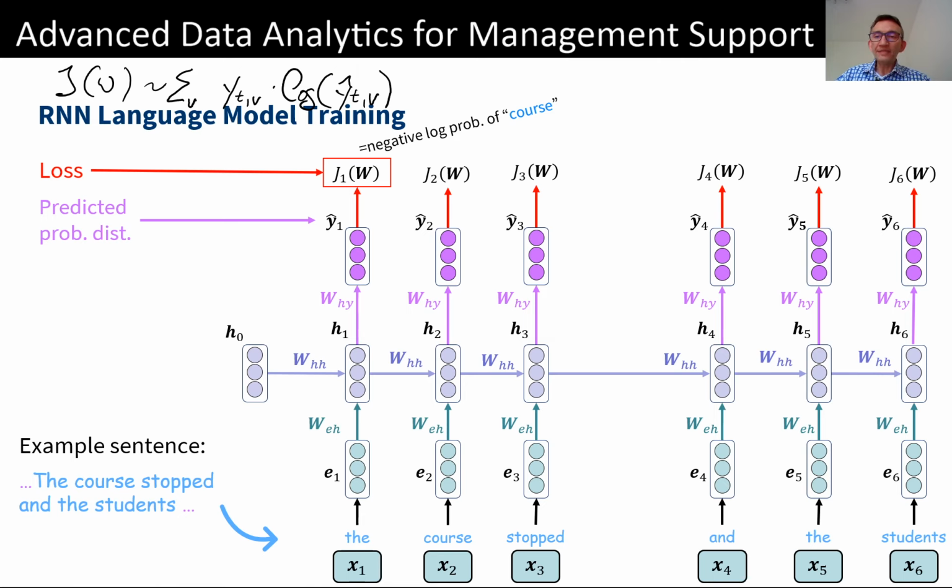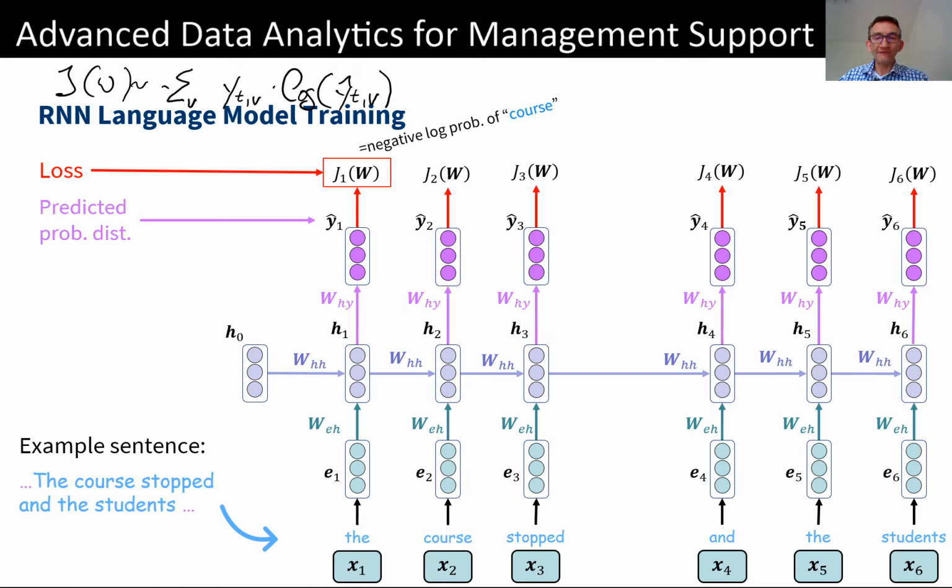But the target y_t,v, remember, is one-hot encoded, so this is 0 for all but one element, and therefore, as I was saying, essentially it's the negative log probability of our ŷ at time point t that gives us the loss.